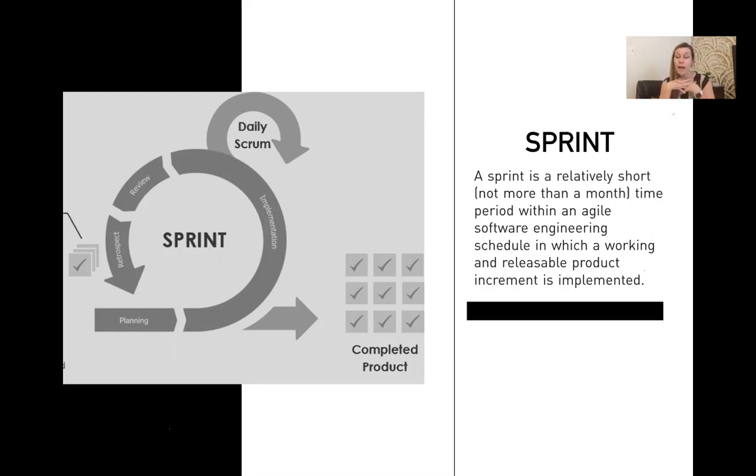In my experience, sprints are typically about 2 weeks, and it's enough time for you to actually complete a user story. So you want your user stories to be specific enough that you can solve them in whatever length of time your sprint is going to be. If it's going to be a 2-week sprint, you want user stories to be specific enough that you are able to tackle them within that 2-week sprint.